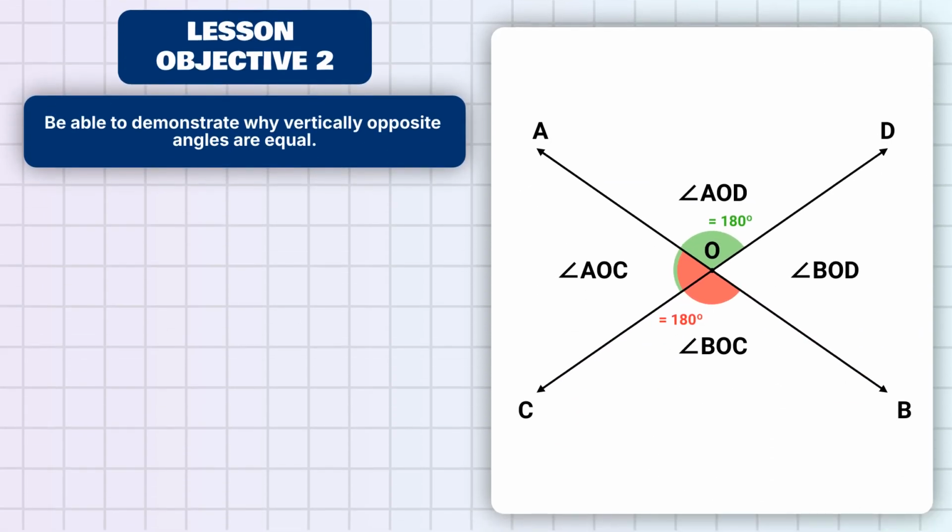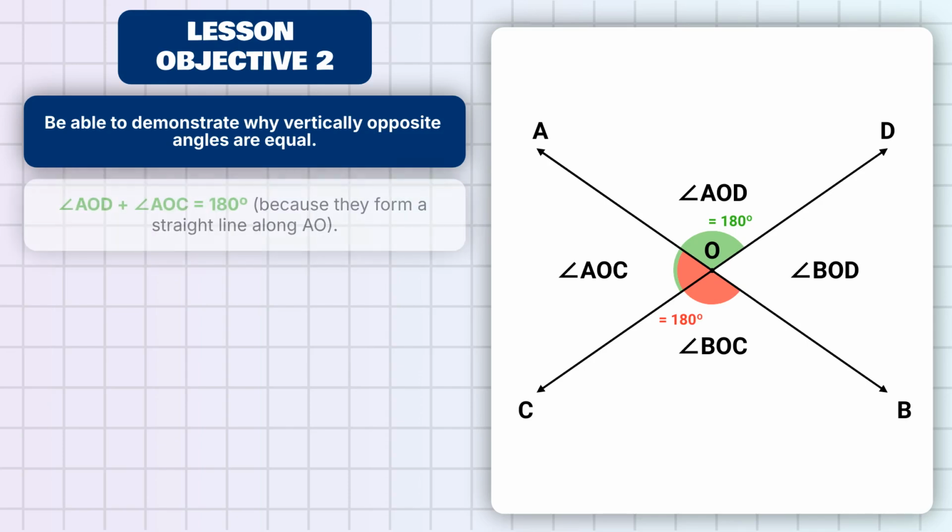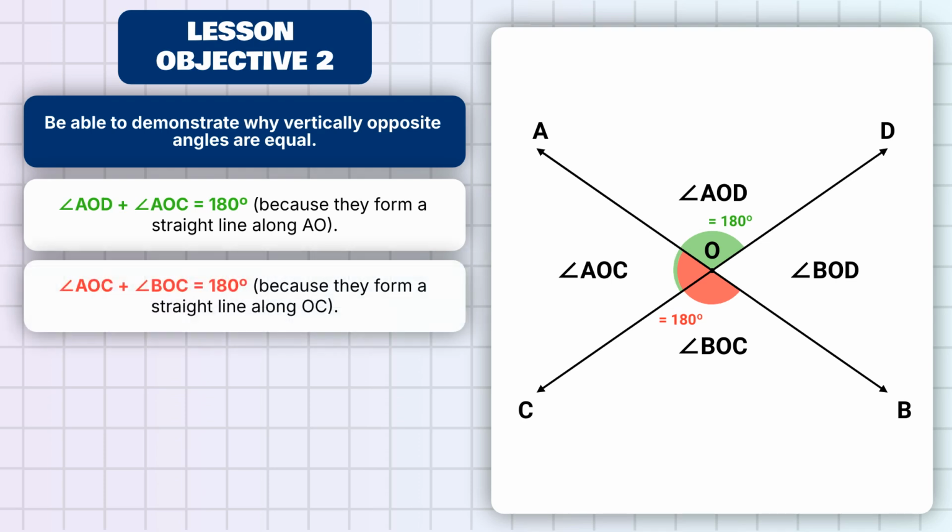Now let's use these relationships to show that vertically opposite angles are equal. Consider the following angle equations that we have just found. Angle AOD plus angle AOC equals 180 degrees. Angle AOC plus angle BOC equals 180 degrees. Since both these equations equal 180 degrees, we can set the left sides equal to each other.